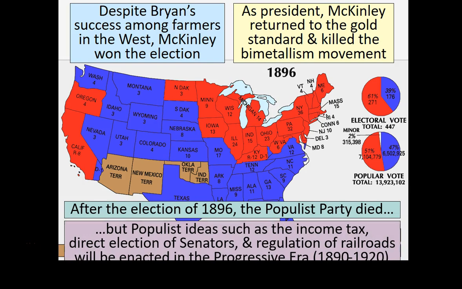In the Progressive era, which is an era of reform and change and fixing the issues of the Gilded Age, we do see the income tax, direct election of senators, and regulation of railroads enacted. And this is going to be a very good thing as we look at reforming the problems that we see in the Gilded Age. This is going to end Lesson 1.2.